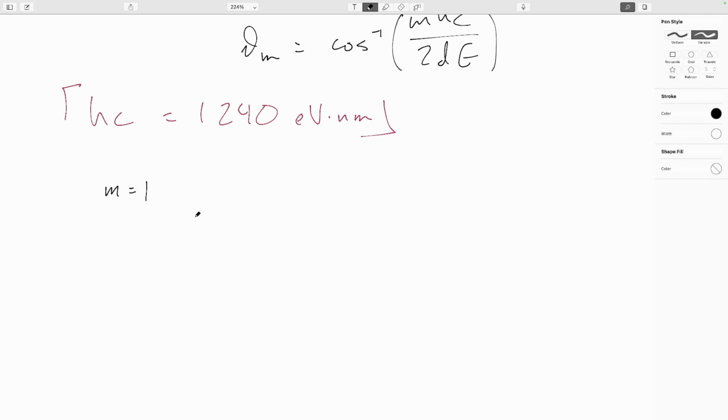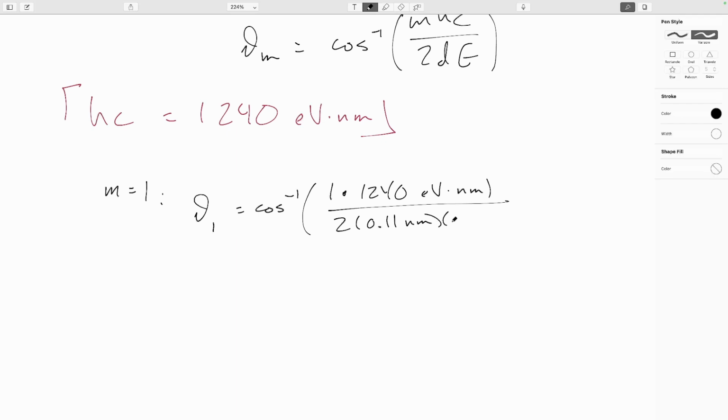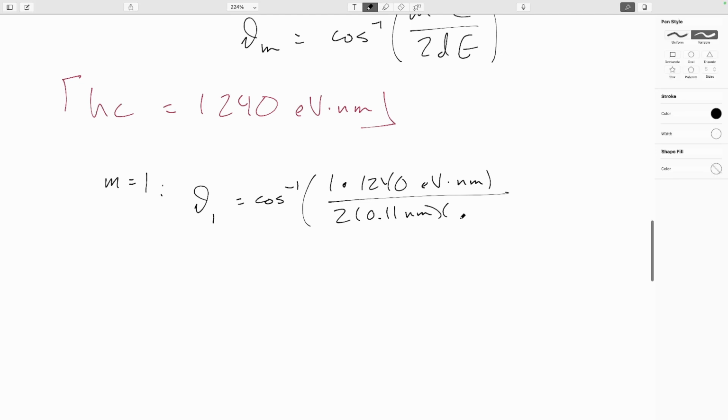So for m equals 1, theta 1 here will be the arc cosine of 1 times 1,240 eV nanometers over 2 times our spacing of 0.11 nanometers times our energy. We said the x-rays were 12 keV, so it's 12,000 eV.